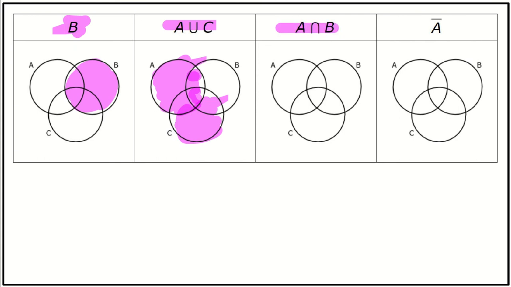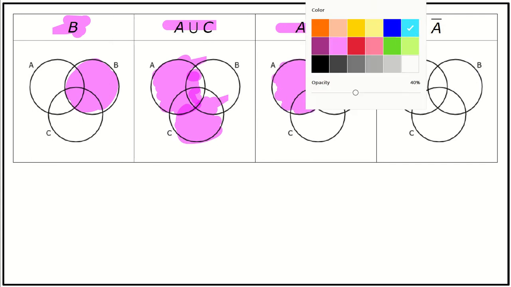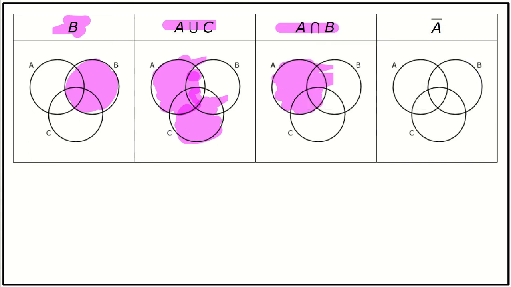Now A intersection B, so it's where both A and B occur. So if I colour in A in one colour, and now I'm just going to switch to a second colour, if I colour in B in blue, then the intersection is the part that has been coloured in twice.